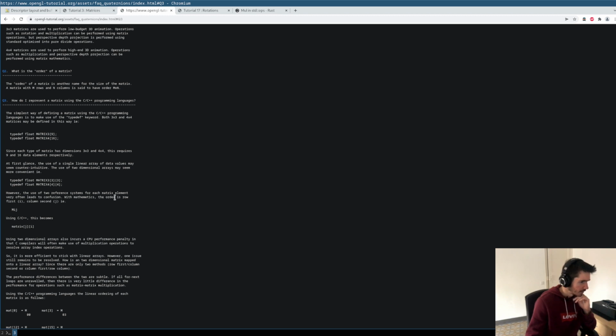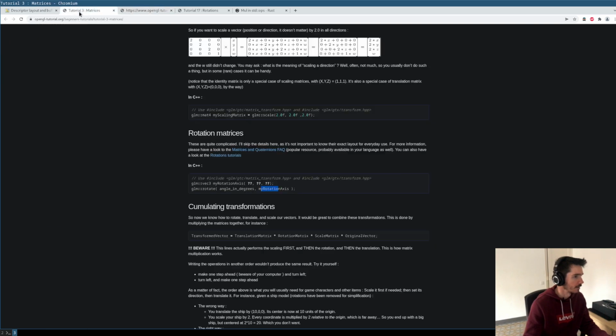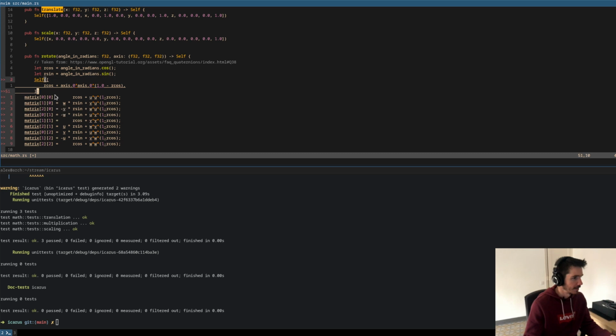The order is row first and column second. So yeah, I think this should be columns. So basically this is the second row, first column.